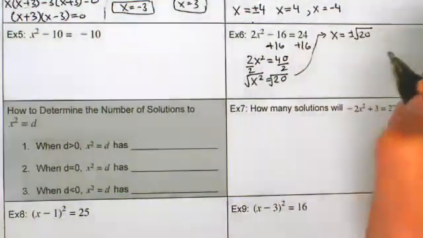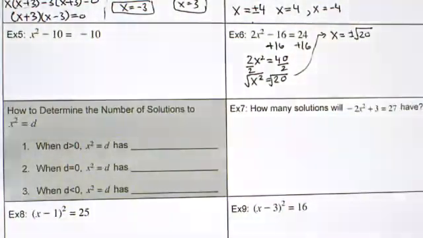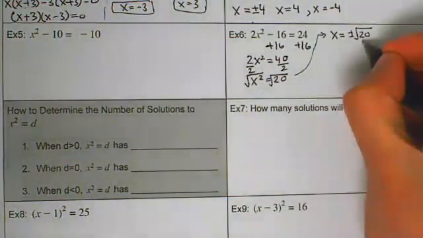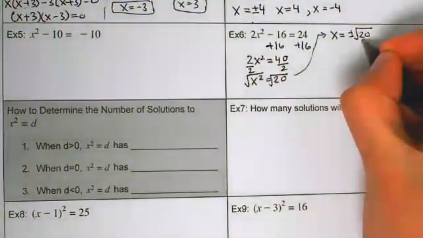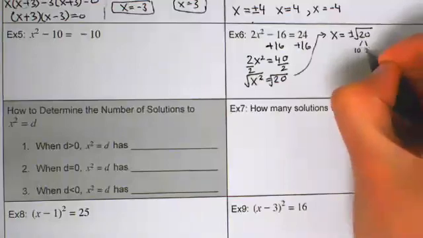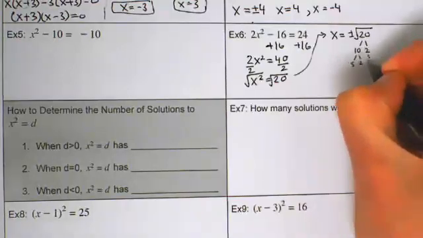Now, the square root of 20 is not totally simplified yet, so let's break 20 down into its factors and figure out if we can pull anything out. 20 is equal to 10 times 2, and 10 is equal to 5 times 2. We got two 2's here.